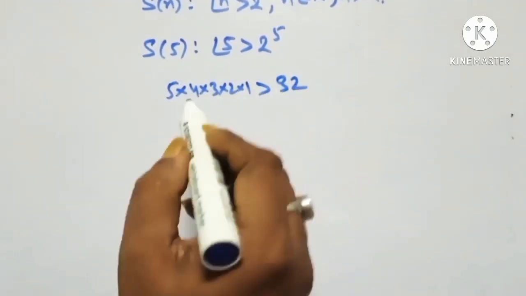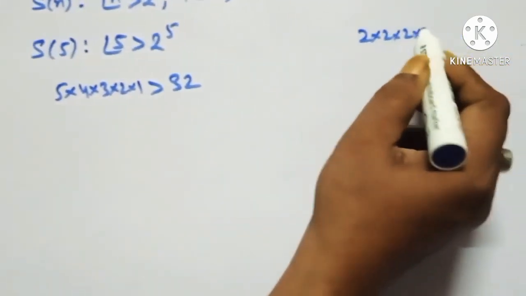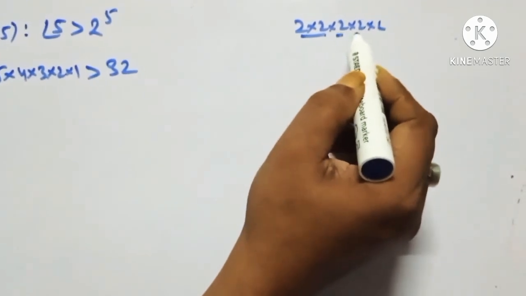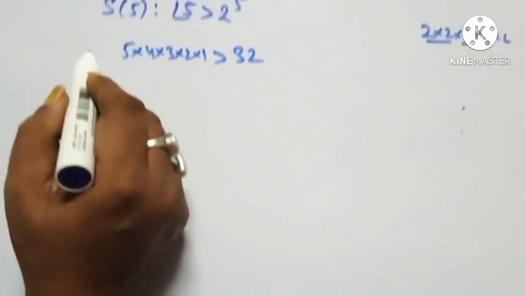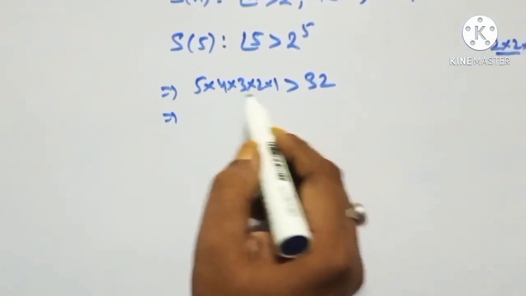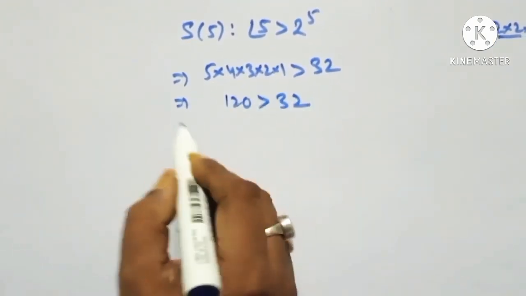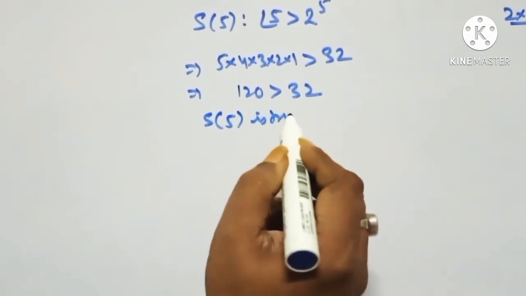It is 32, because 2 into 2 into 2 into 2 into 2: 2 to the 4, 4 to the 8, 8 to the 16, 16 to the 32. And this is equal to 120. 120 is greater than 32. So S5 is true.